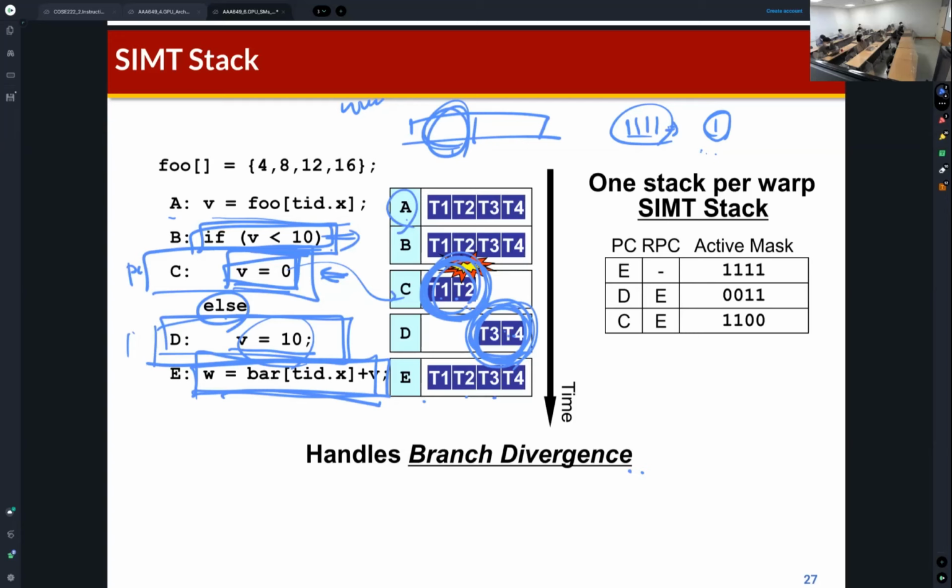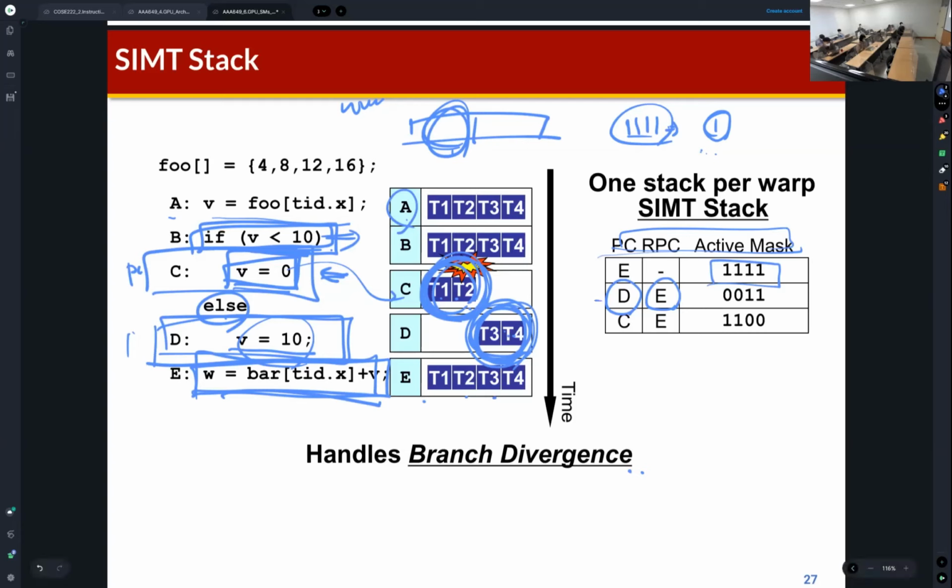So this is the organization of the SIMT stack. You can find the active mask here, and then this is the PC, and then this is the return PC. What does that mean?